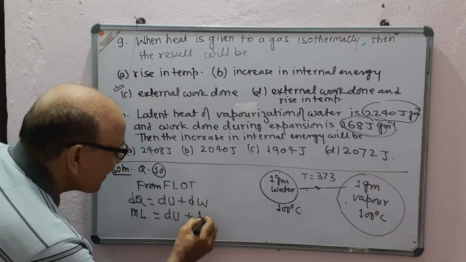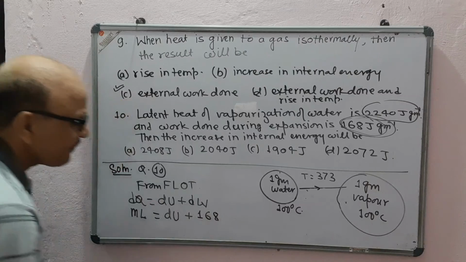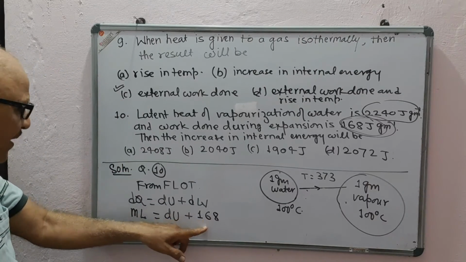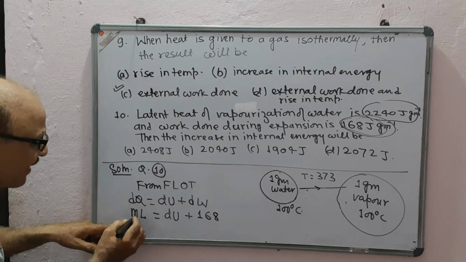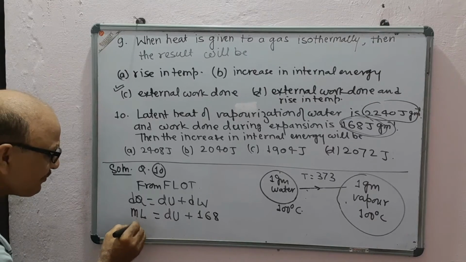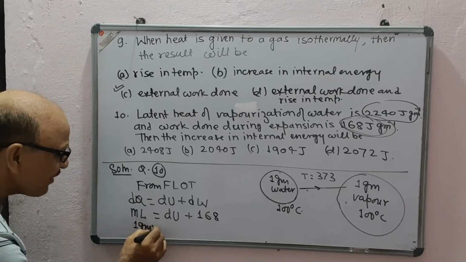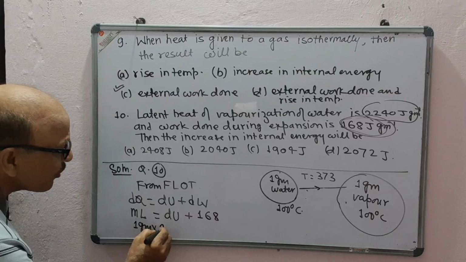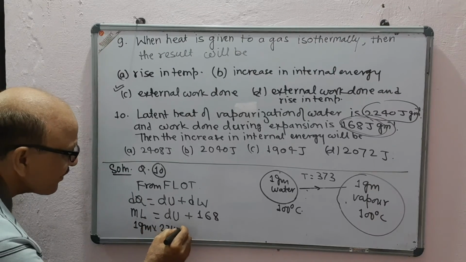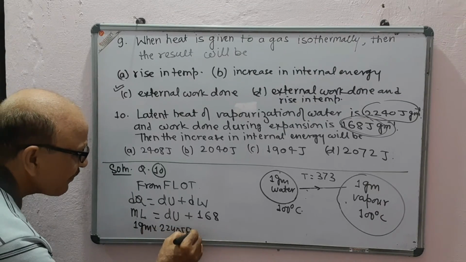which is 168 joule for 1 gram. Here m is 1 gram and L is 2240 joule per gram.